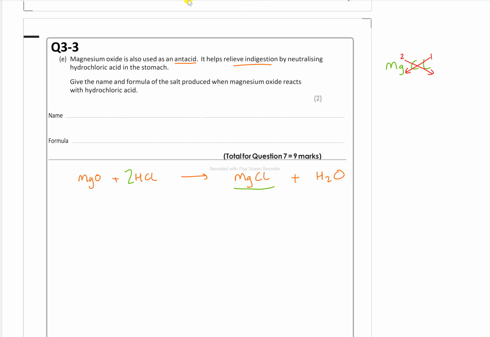So really what I've got is MgCl2, but I do not need to write the 1. So it's MgCl2, so I really need to put a 2 here. Now, if I check these out, this is what I've got. So the salt produced is magnesium chloride.